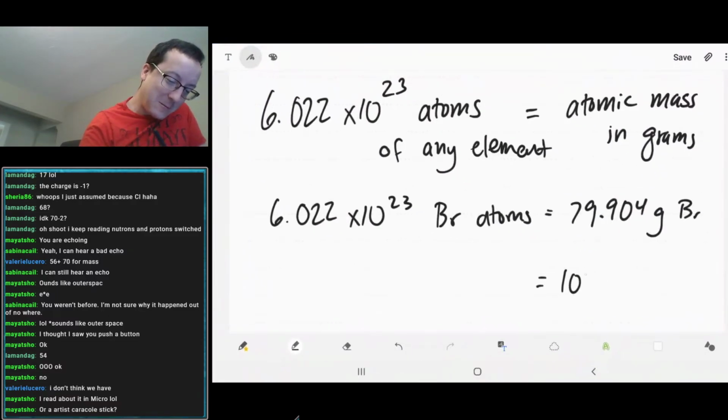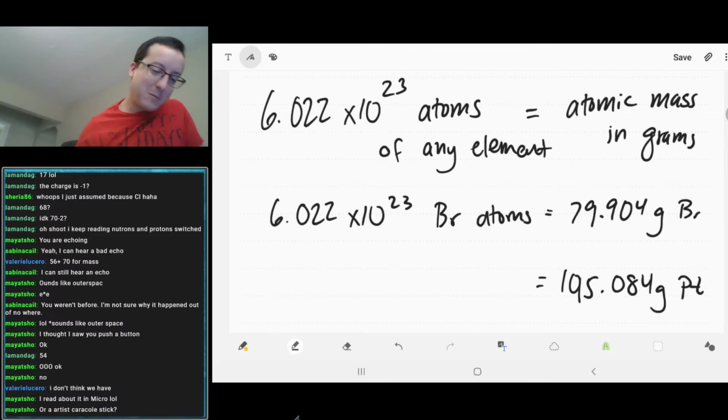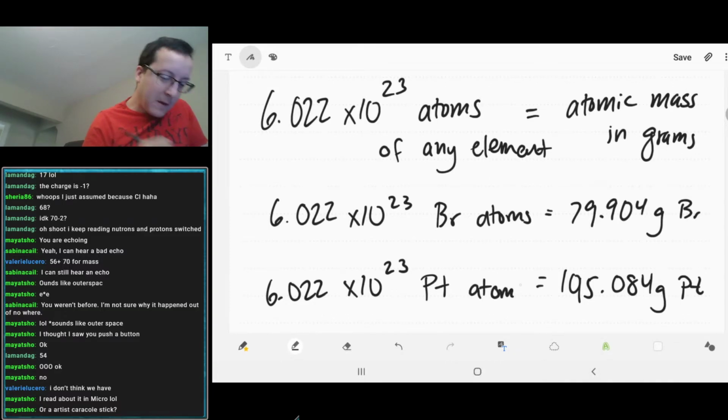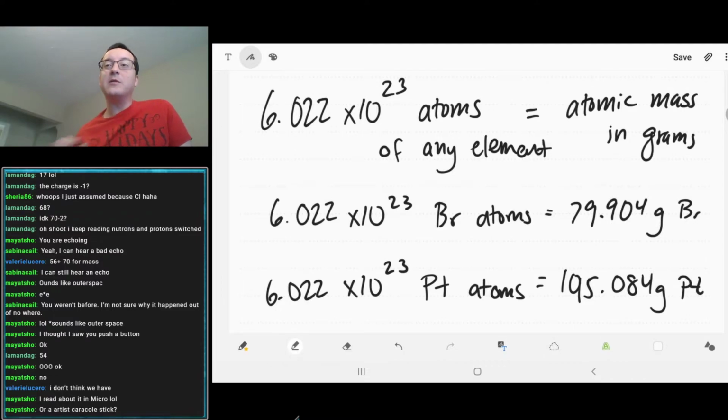Okay. 195.084 grams of platinum. So that would be the same thing. All those platinum atoms would be equivalent to their atomic mass in grams.